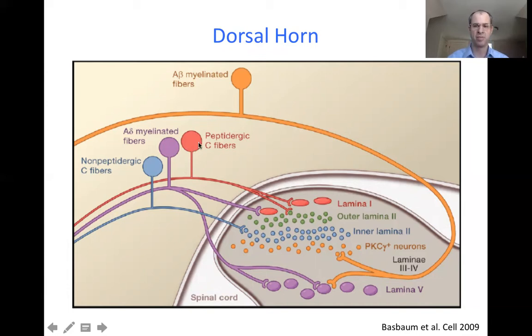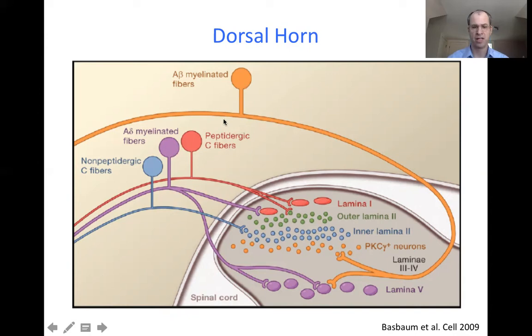These can either be peptidergic, so they contain neuropeptides such as CGRP and substance P, or they can be non-peptidergic, and these could express, for example, the MRGPR family of G protein coupled receptors. There are also A delta fibers that are thinly myelinated. In contrast, A beta fibers and larger fibers like proprioceptors at baseline don't play a role in pain.